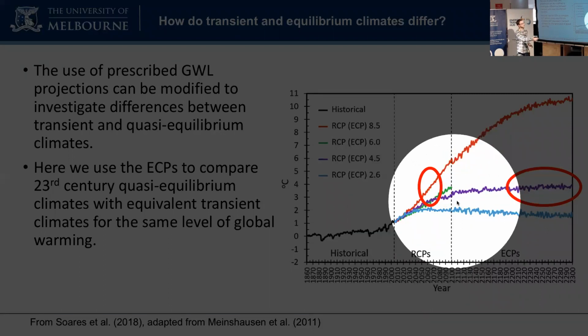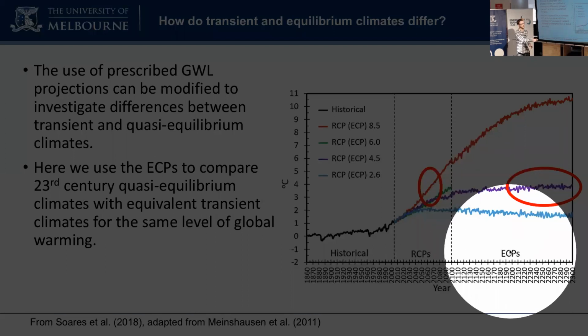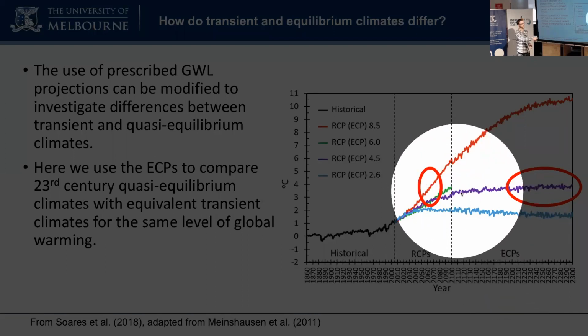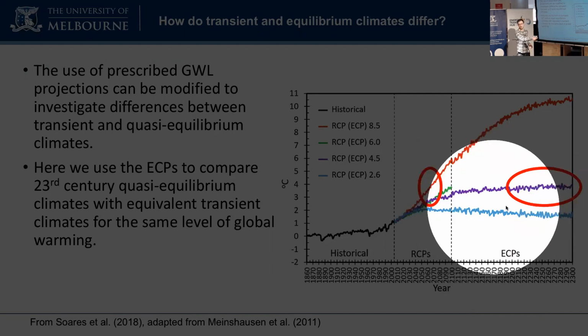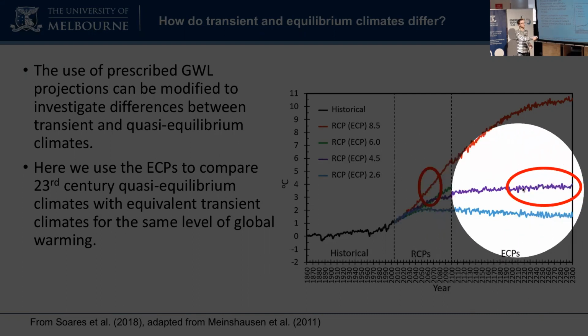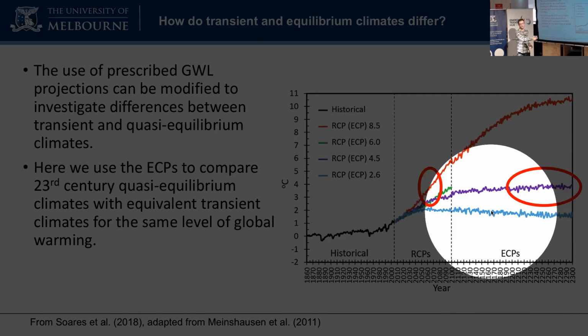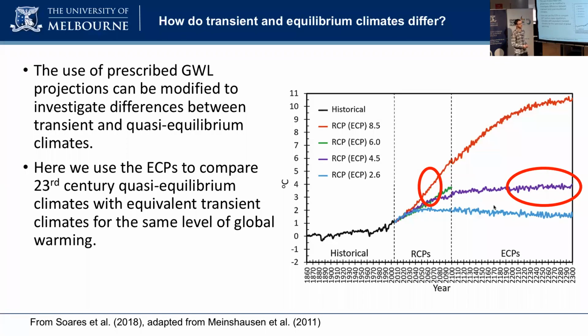I'm also using these extended RCPs, where the global temperature stabilizes to a degree over the following two centuries. So I'm comparing the 23rd century in these extended RCPs, that some climate modeling groups ran for the last IPCC report, with transient warming over the 21st century.